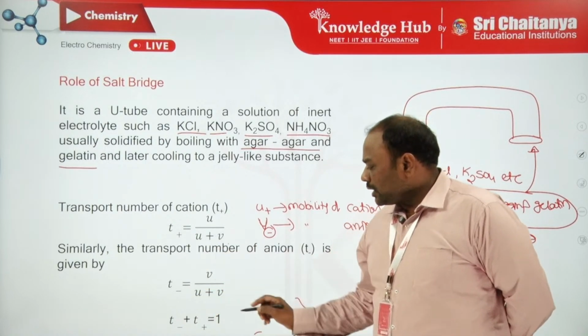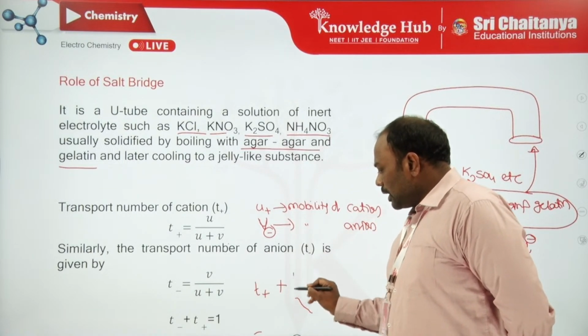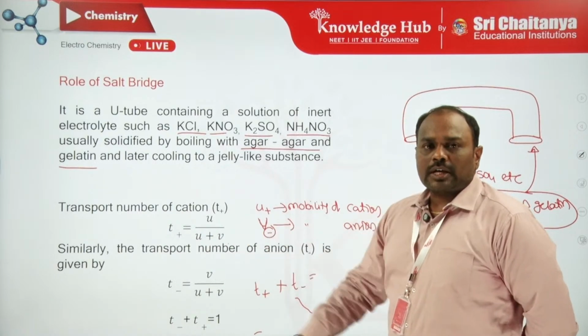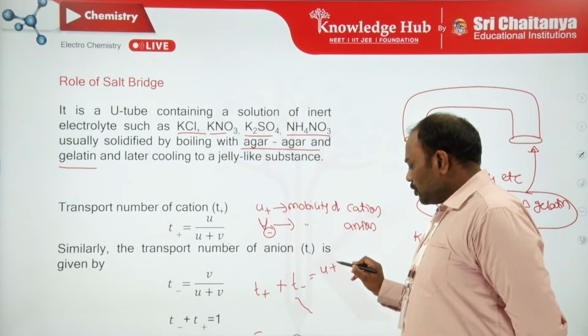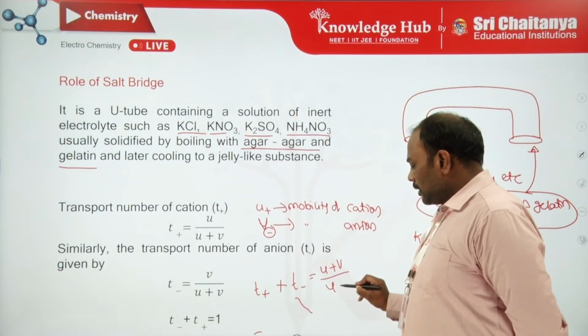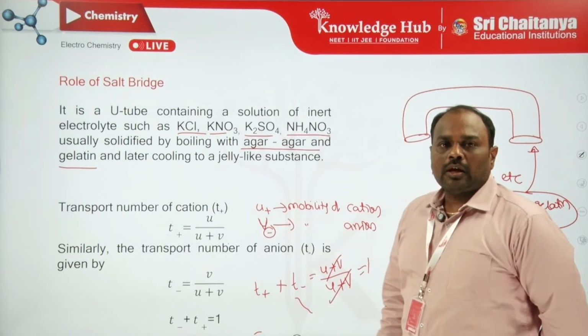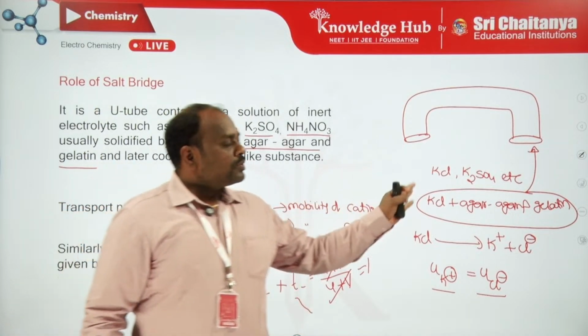If you add these two, the denominator values are the same, so we get (U plus V) by (U plus V), which is 1. So due to similar transport numbers, we use these components.